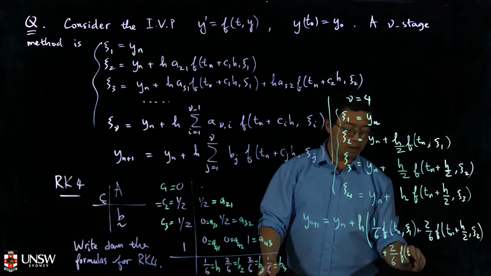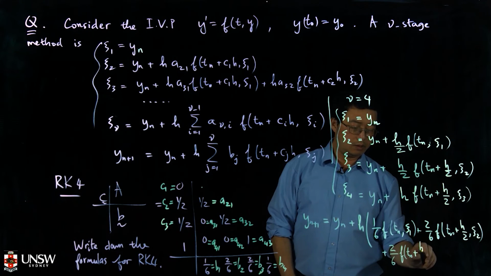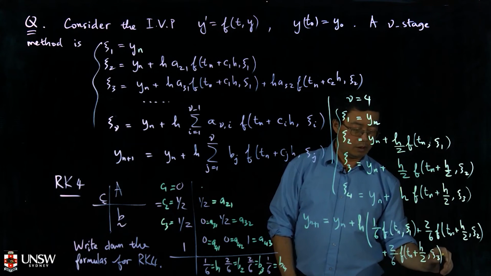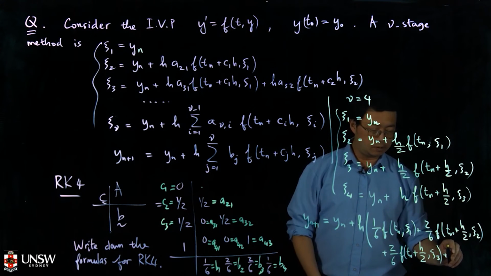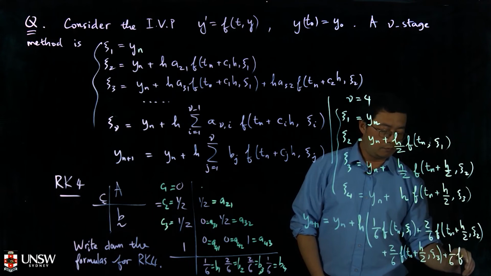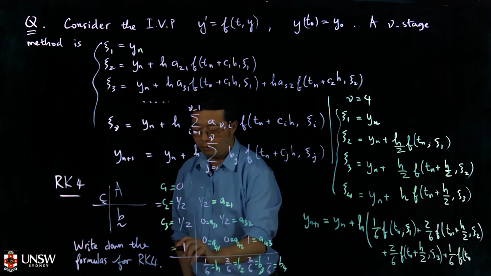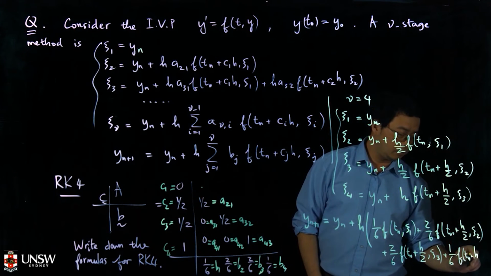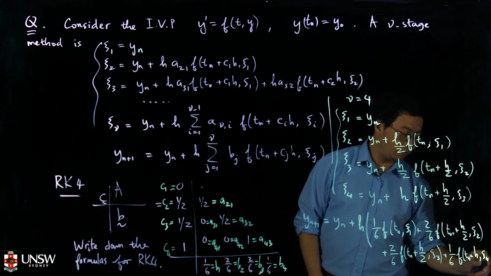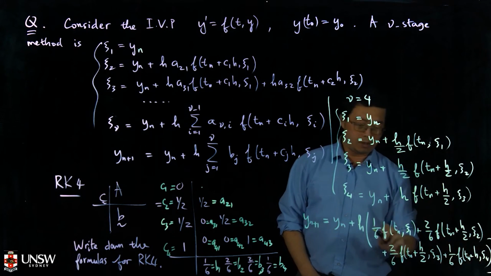f of Tn plus c3h, xi3, and the last one is 1 over 6 f of Tn. So now c4 equals 1, so plus h, xi4, and the whole thing multiplied by h.